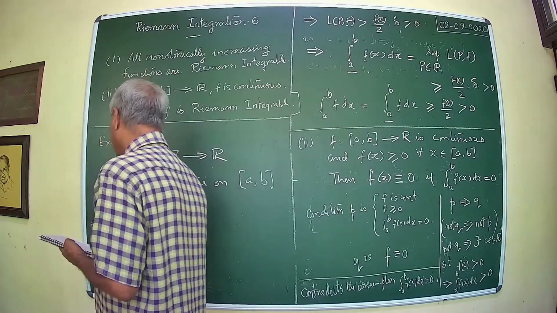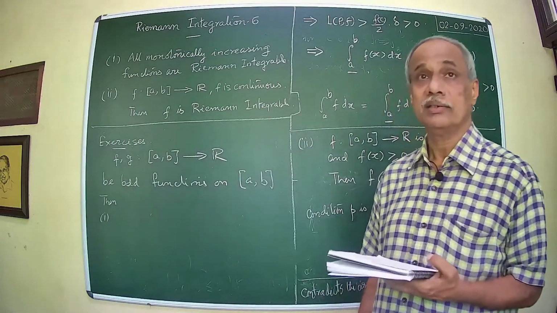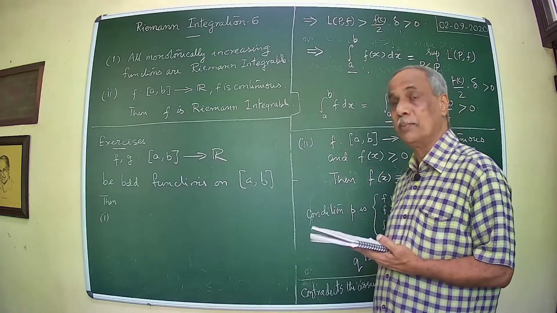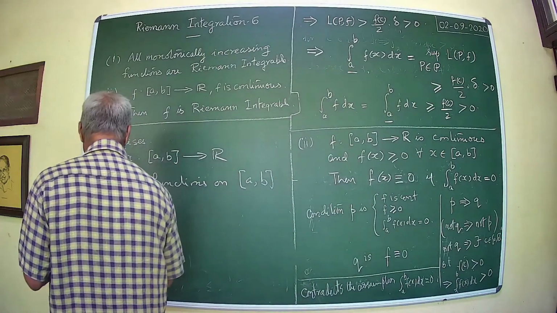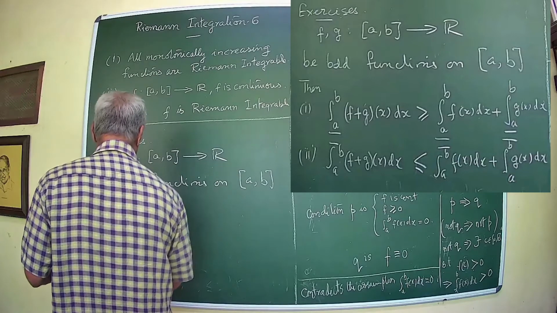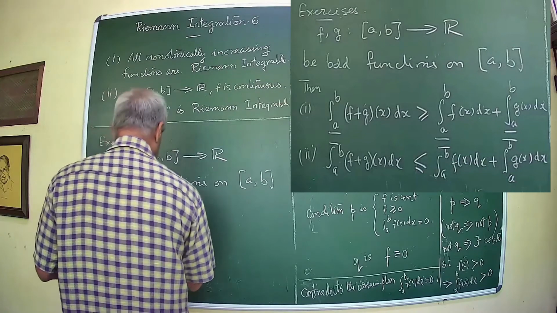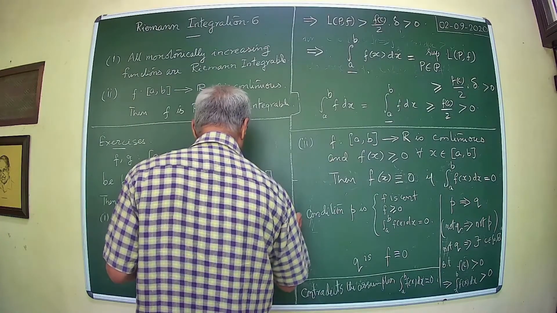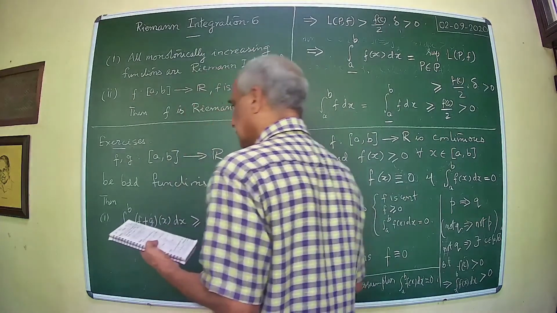We have, because we do not know just in this condition, you cannot say that both f and g are Riemann integrable. But what we can say is that the lower integral and the upper integral exist. So what we can say is the following: the lower integral from a to b of (f plus g)(x) dx is greater than or equal to the integral from a to b, and the inequality reverses in the case of the upper integral.